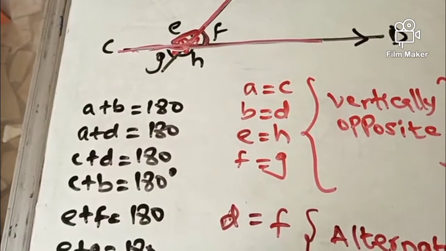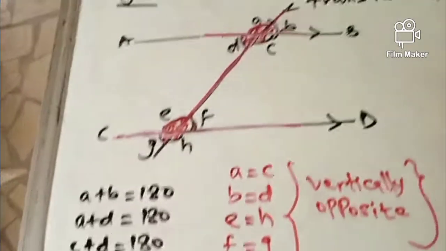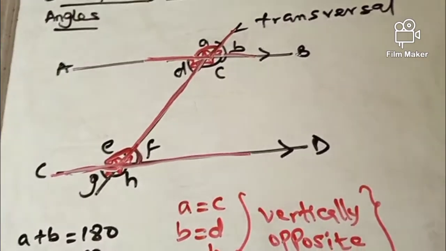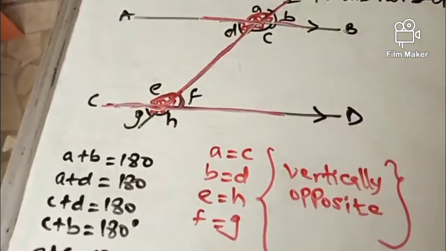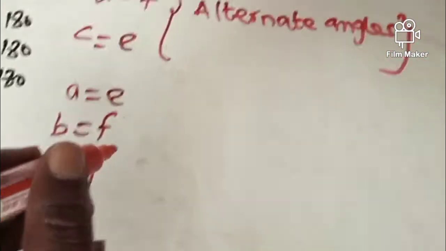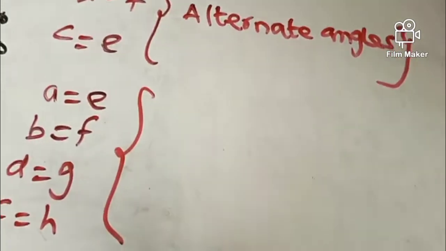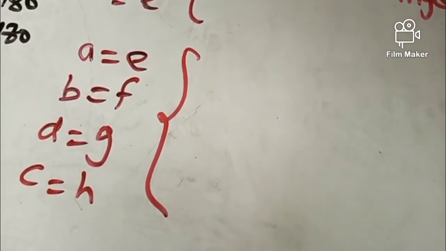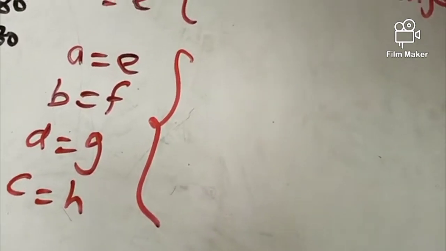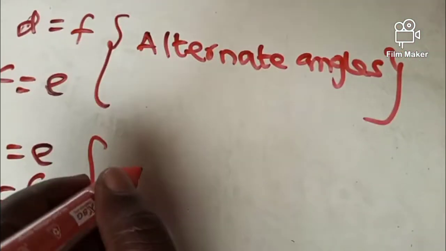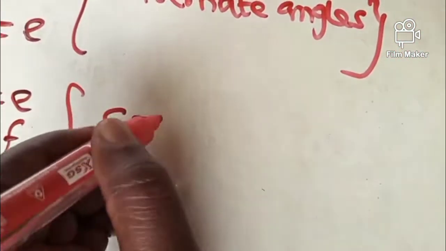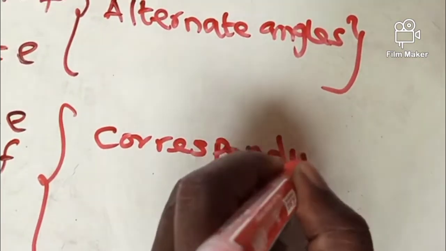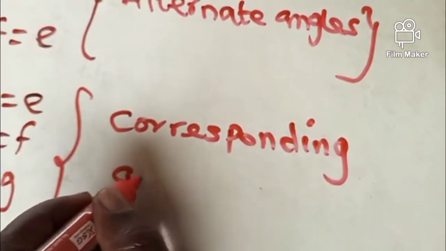So C is equal to H. So in other words, angles that are occupying the same position, like we have here, we call them corresponding angles. So the reason why A is equal to E, B is equal to F, D is equal to G, and C is equal to H is because they are corresponding angles.